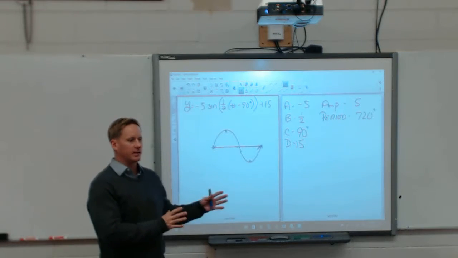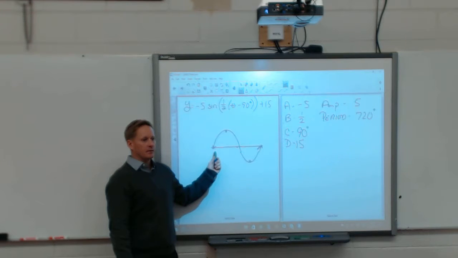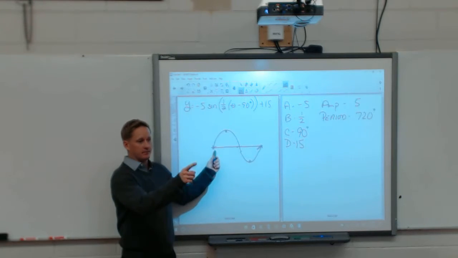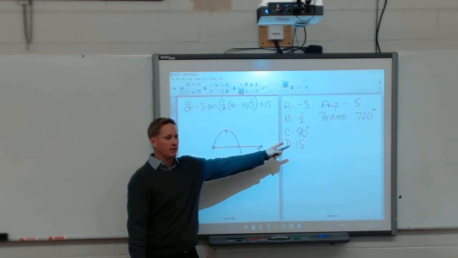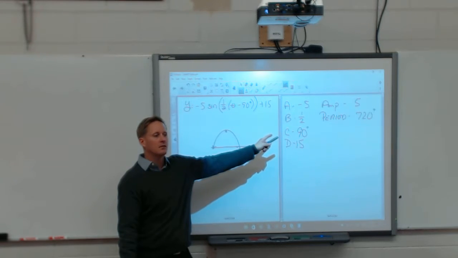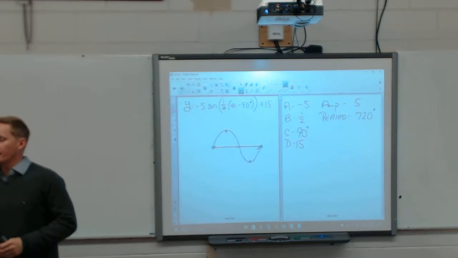We need to start trying to label this. Well, where is this starting point? That's 15? This starting point? Not yet. Okay. The starting x value is where? 0. It normally starts at 0, right? But where does this graph start? Which way did I move it?